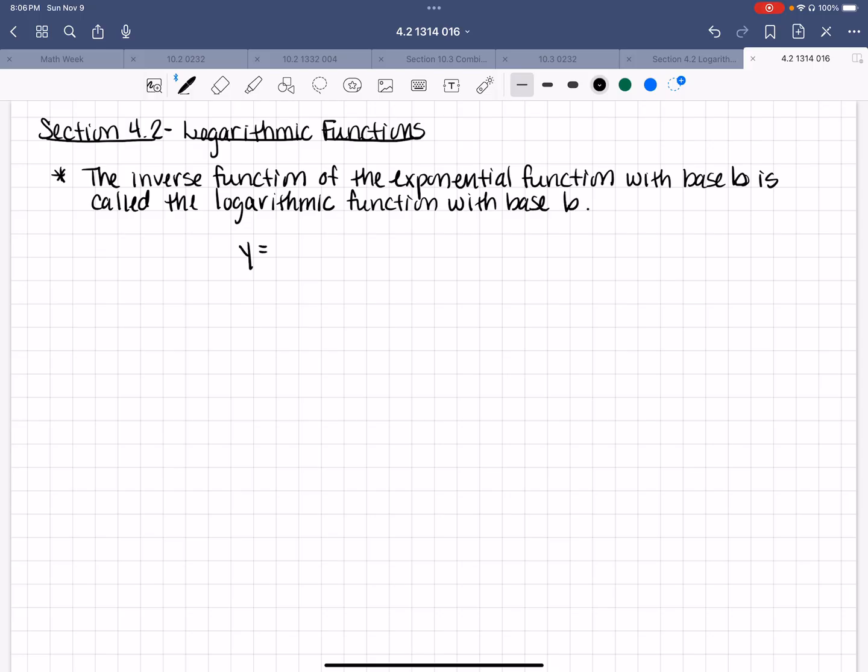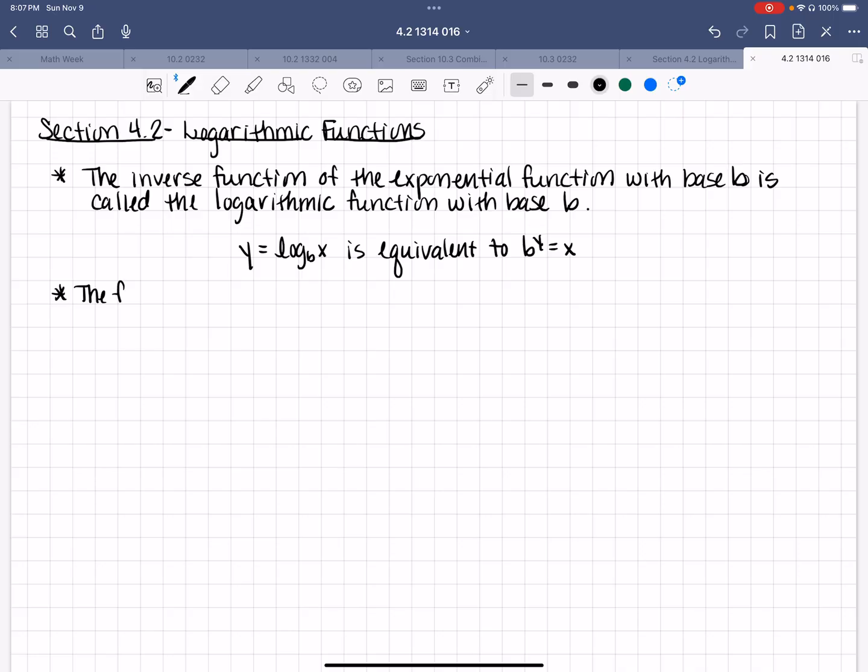We have y equals log base b of x is equivalent to b to the y equals x.